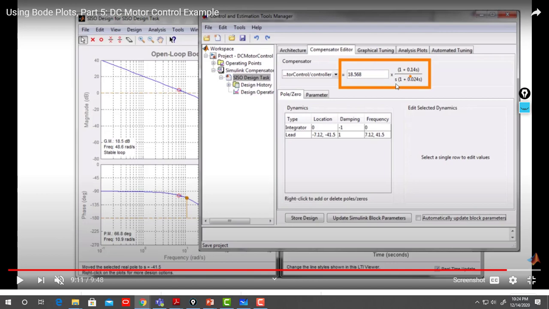Pure integrator, he did pure integrator, in addition to it a lag compensator for the system. Yes, actually lead compensator.